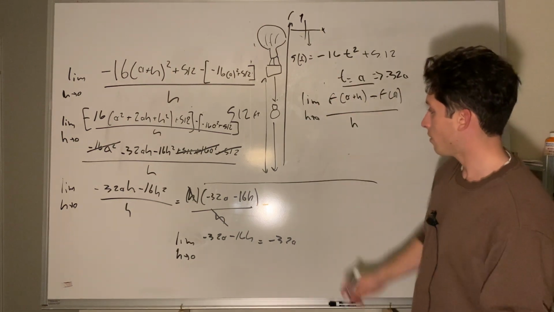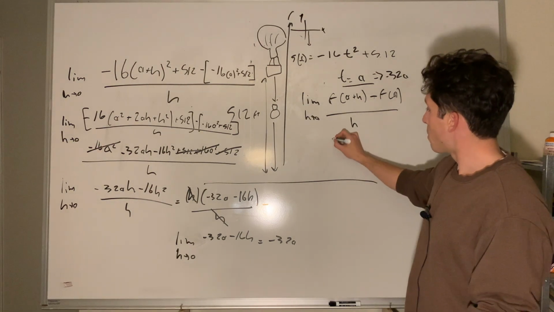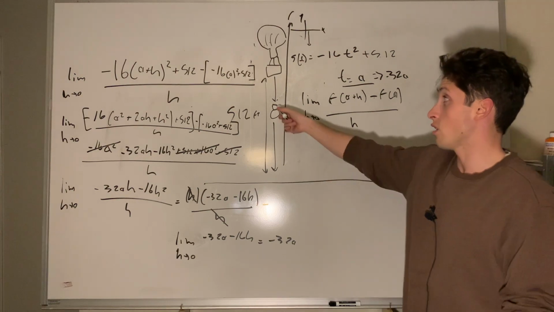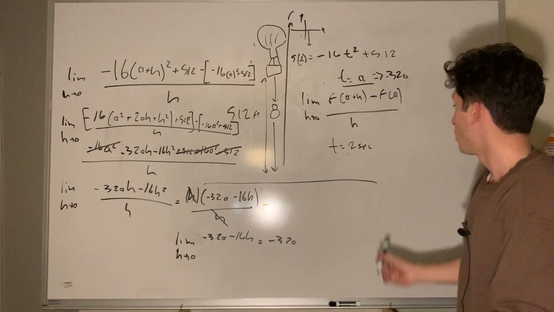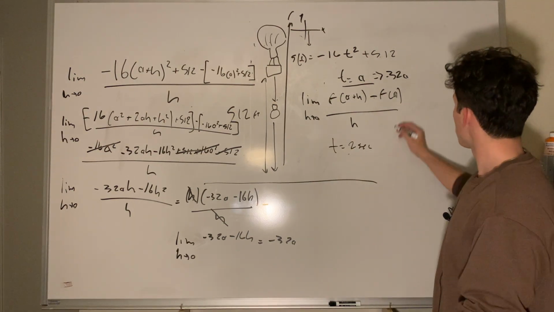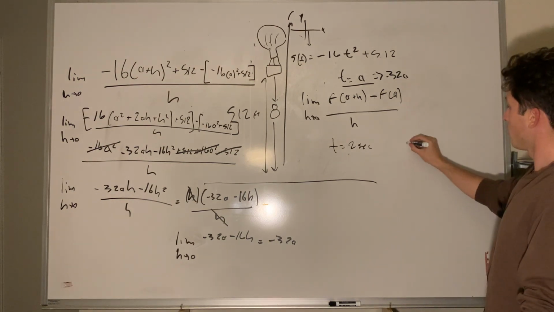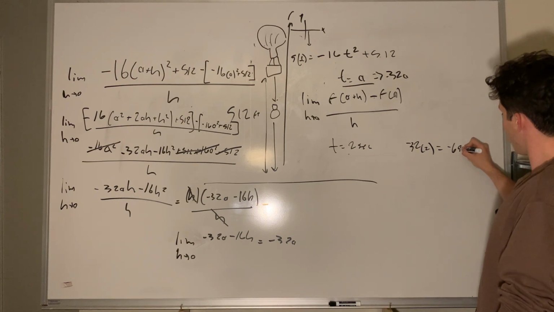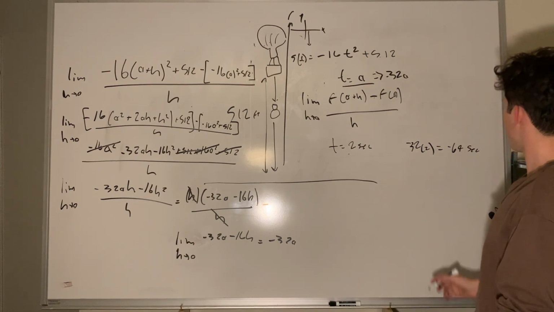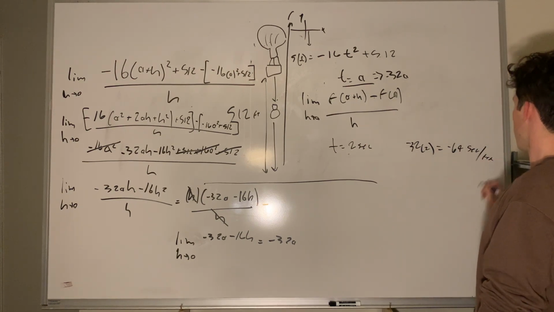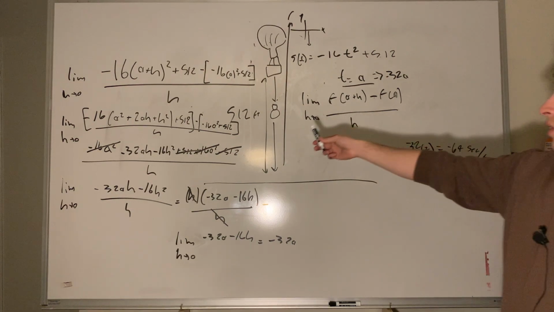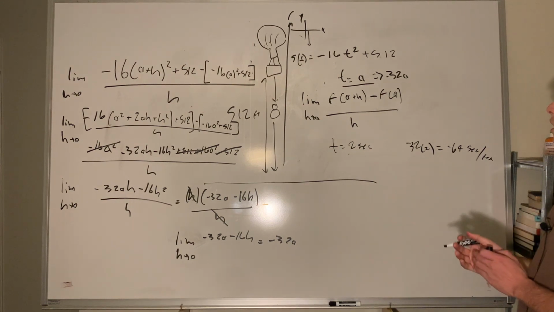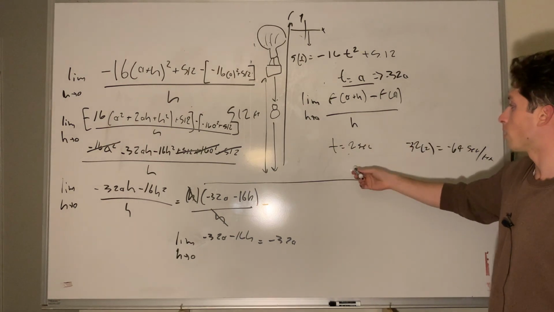So what about the velocity of the bag at time of 2 seconds? So after 2 seconds, what is the velocity of the bag after it's dropped? Well, we would just plug 2 here. Seconds. Feet. Why feet? Because this distance is in feet. So why did I plug in 2 here?